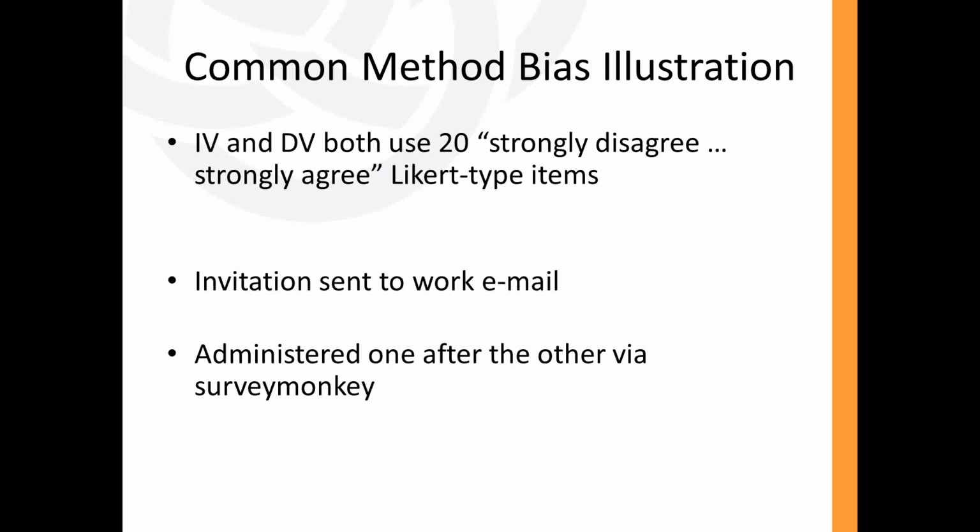So you have 40 items total. Then an invitation to participate was sent to a bunch of participants' work emails through some professional listserv, for example, or through their organization directly. And then finally they're administered one after the other via SurveyMonkey, very popular survey research website.